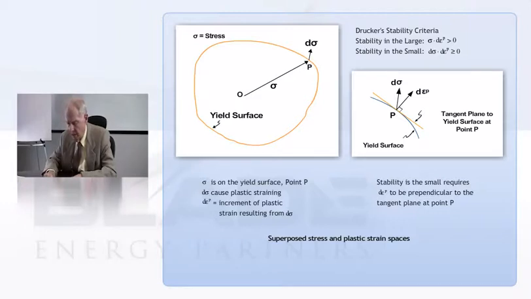I say that d sigma dotted with d epsilon has to be greater than 0. Well, you may wonder a little bit about this, but they look like, after you've been with them as long as I've been, it's pretty obvious what's going on. The first statement says that you have to do positive work on the material in order to advance the stress beyond the yield point.